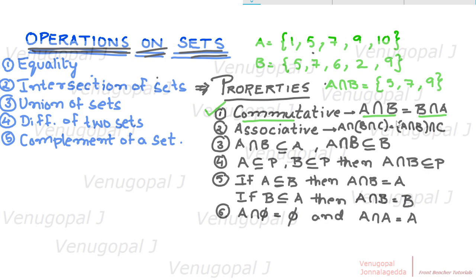So now you can see that for A intersection B, since 5, 7 and 9 are the common elements, the commutative property holds very true for it.